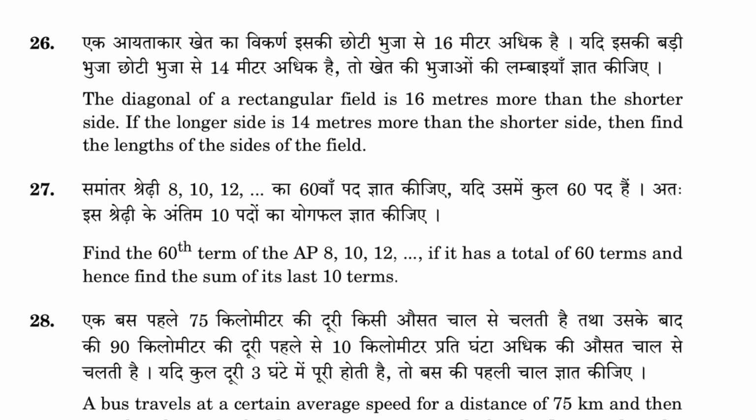Question number 26th. In this question, we have the diagonal of a rectangular field. We have a rectangular field and the diagonal is 16 meters more than the shorter side. So let the shorter side be x meters.